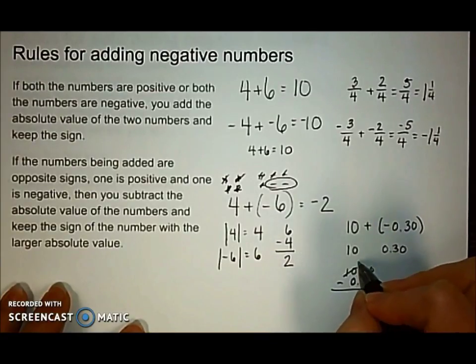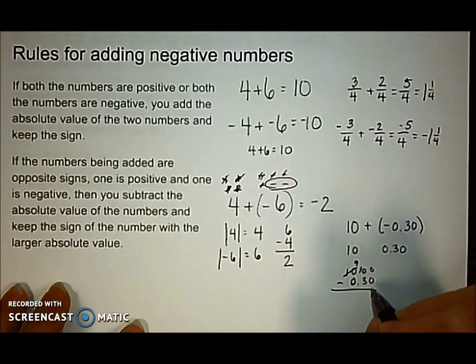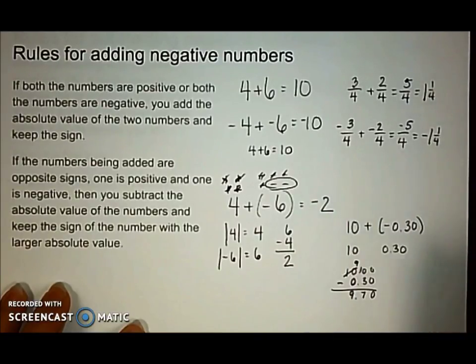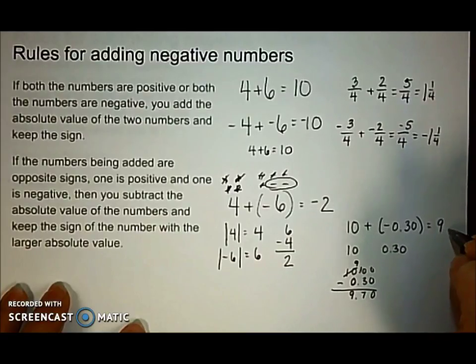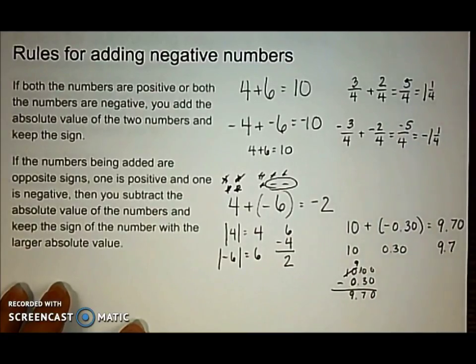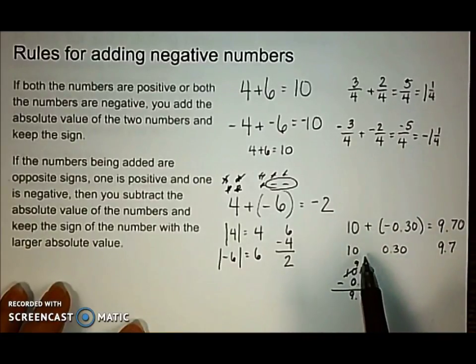I'm going to have to borrow over here. And I get 9 70 hundredths, or 9 7/10. When I go back to look at this, 10 had the larger absolute value, and it's positive, so my answer is positive.